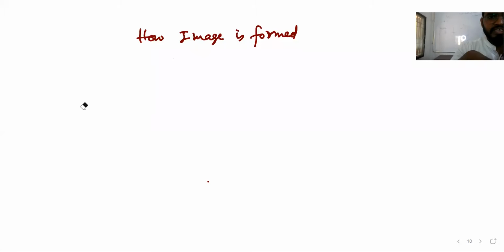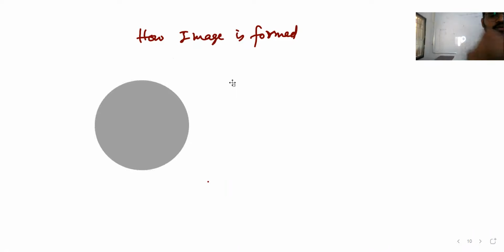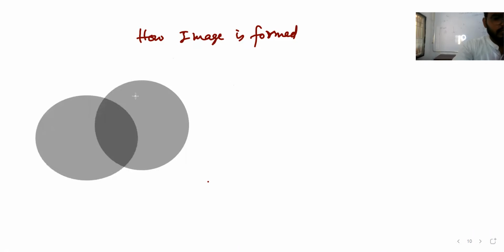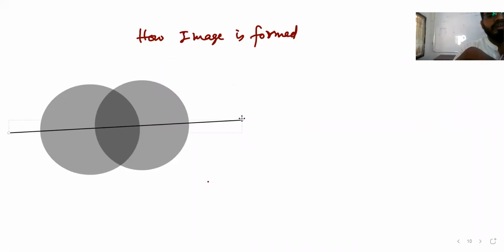Wait, I'll draw so that you imagine properly how this came into existence. Yes, perfect diagram. Now, guys, have a little patience here, you'll understand what I'm trying to say.